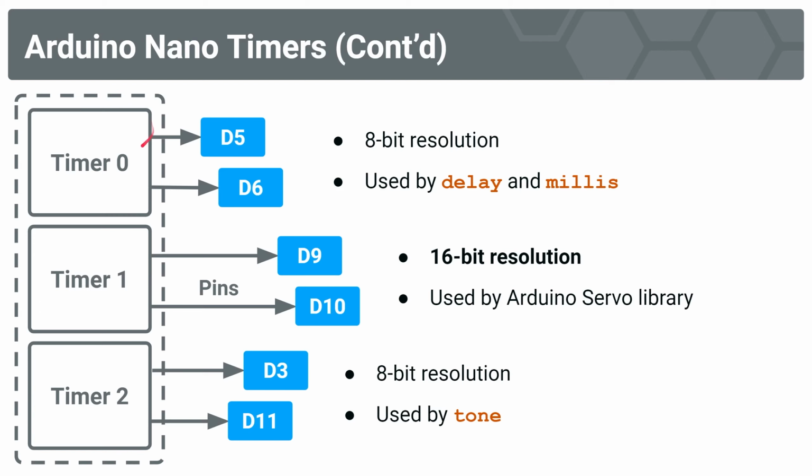For example, timer 0 is actually used by the delay and millis functions of the Arduino built-in library. So if you use delay or millis, that's a function call that always makes use of timer 0. Whereas if you call the function tone, that's going to be used by timer 2 specifically.